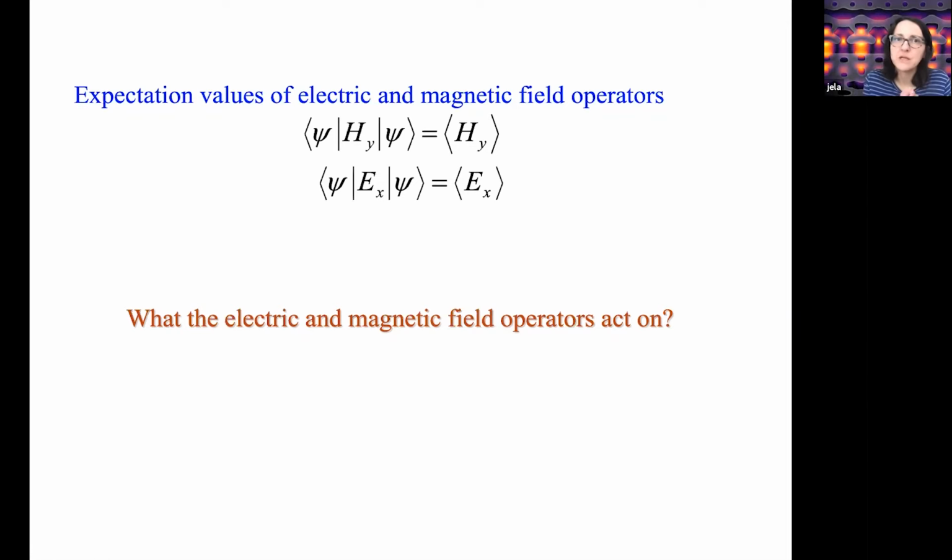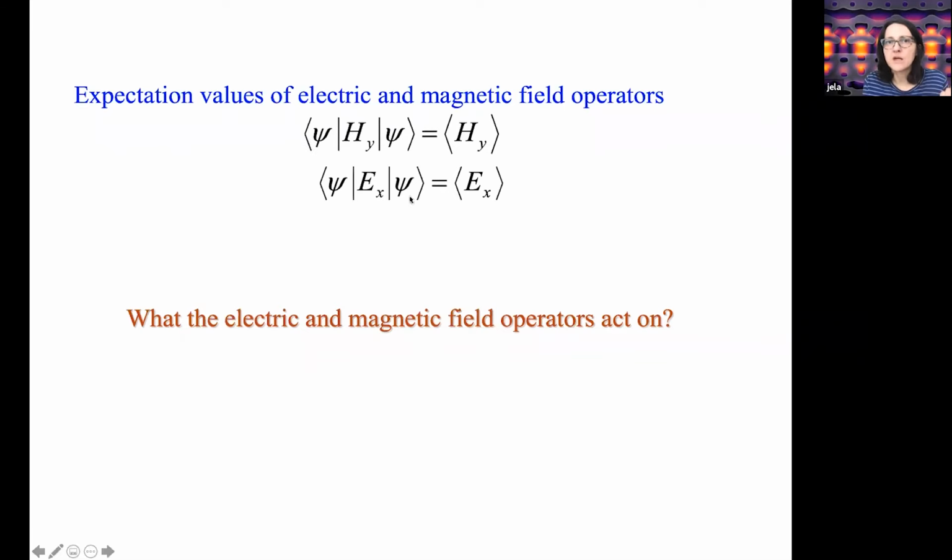So what would be the meaning of this expectation value? If you are measuring the value of the electric field inside a certain resonator at different positions, the expectation value that you will obtain in that experiment would be given by this particular expression for a particular state of the field.